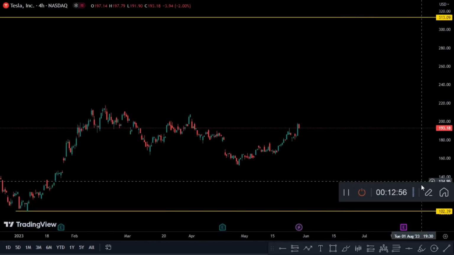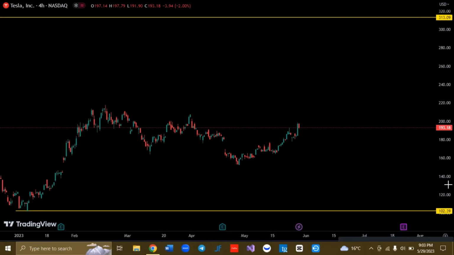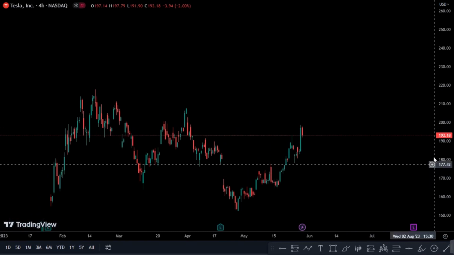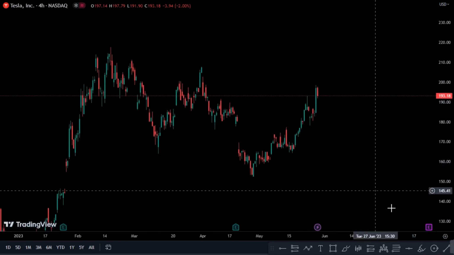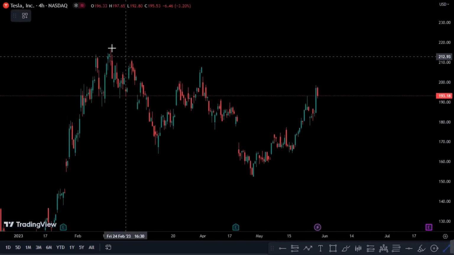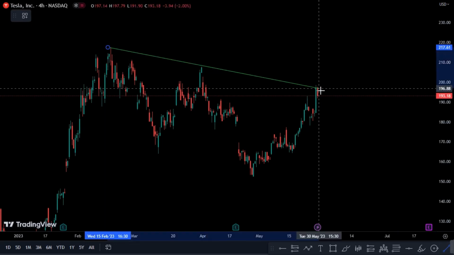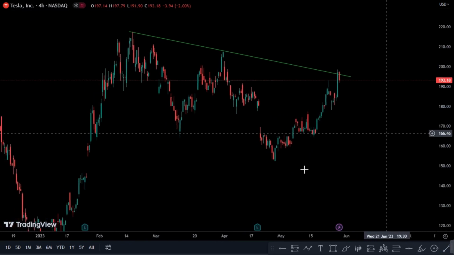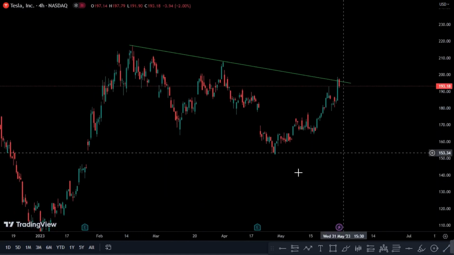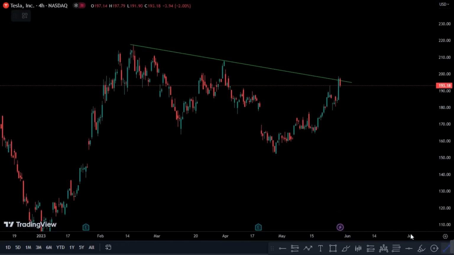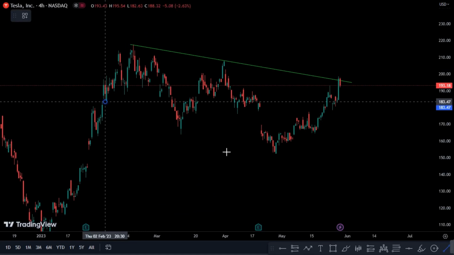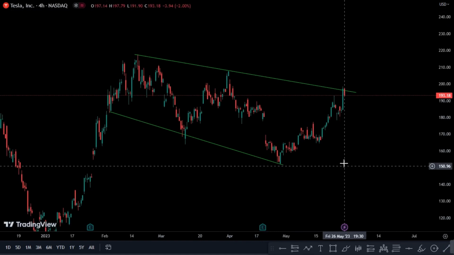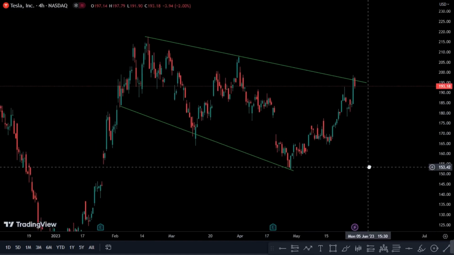Then we switch to our 4-hour time frame to get a proper insight into this market and proper price action. So let's draw our trend lines. We can see here that we have that resistance level right there, and our market is currently in a bullish trend, so we'll be looking for buying opportunities. This right here was our support structure.